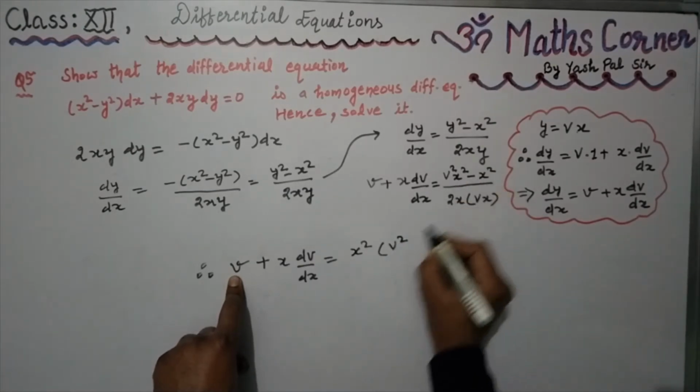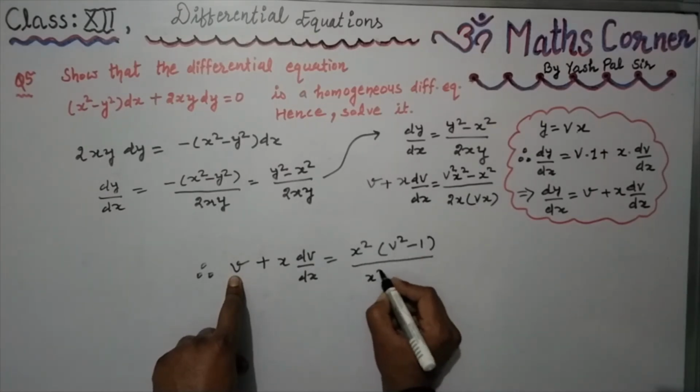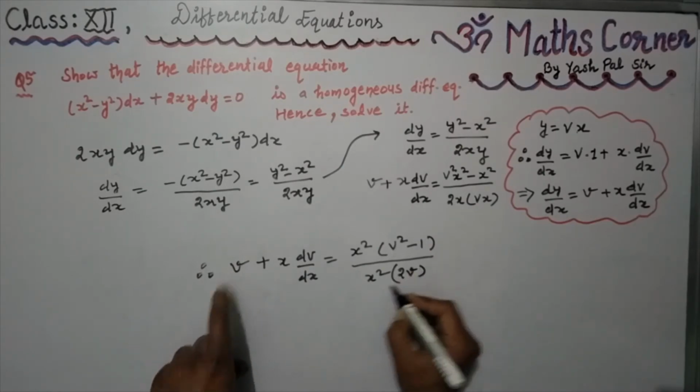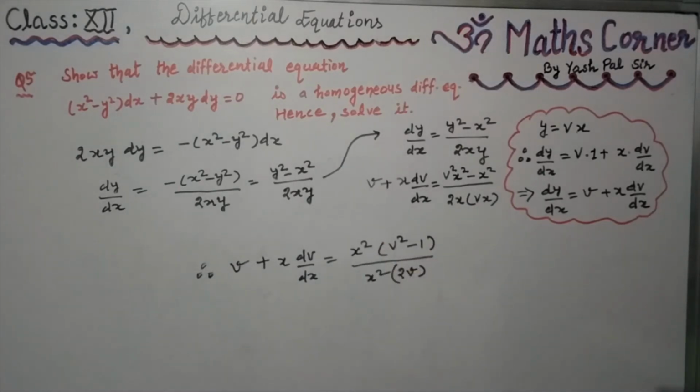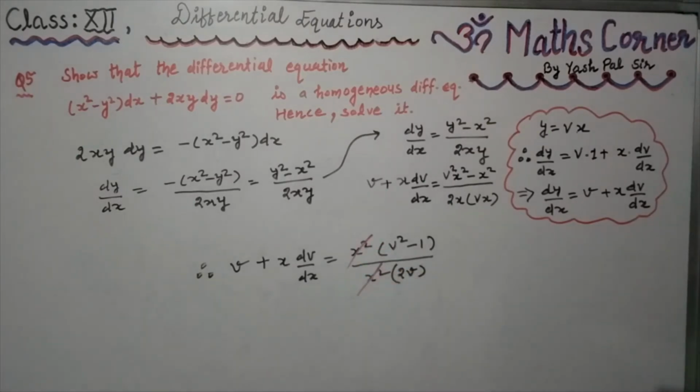So we write v + x dv/dx equal to, taking x² common, we are left with v² − 1, and in the denominator also taking x² common, what is left is 2v. So x² is cancelled.